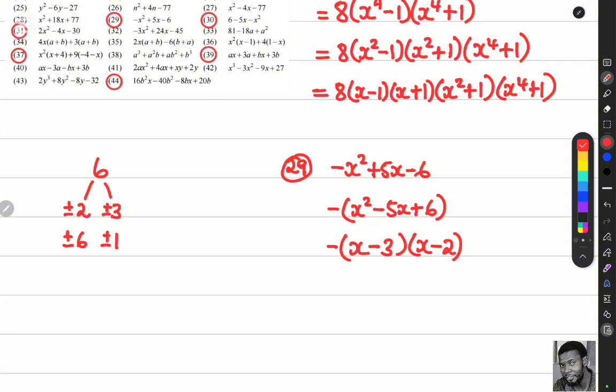So you want the ones that, when you multiply, you get positive 6, but when you add you get 5. So looking at negative 2, negative 3, that will give you exactly what you're looking for. So that's that.